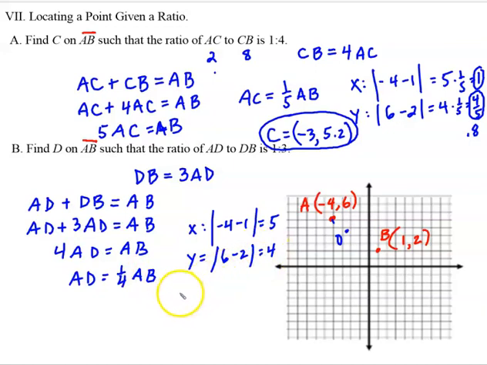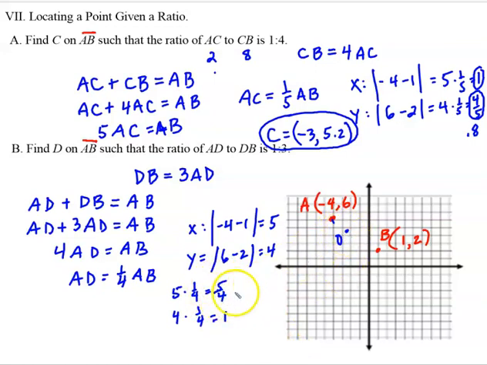So 5 times 1/4 is 5/4. 4 times 1/4 is 1. So that's how far we travel.